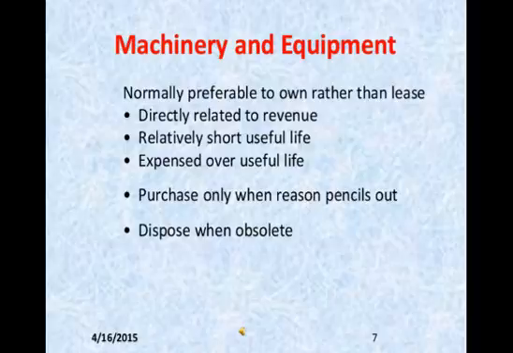The biggest reason is because they're directly related to the revenue, and they have a relatively short useful life compared to property and facilities. Plus, they're directly expensed over their useful life. Again, purchase them only when the reason for purchasing them pencils out. And again, dispose of them when they're obsolete.